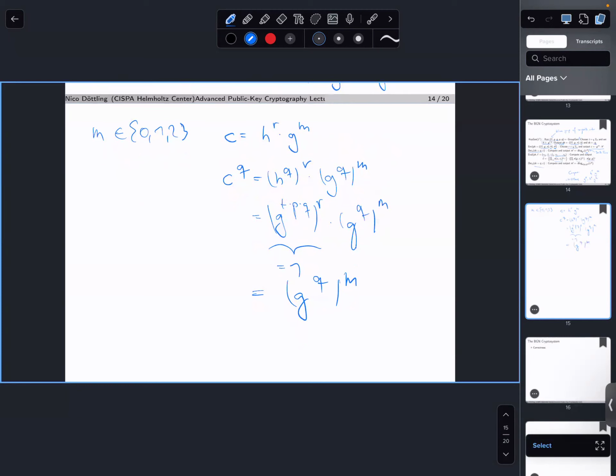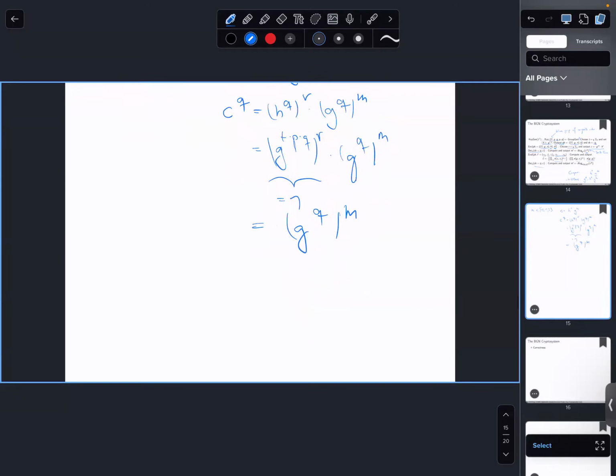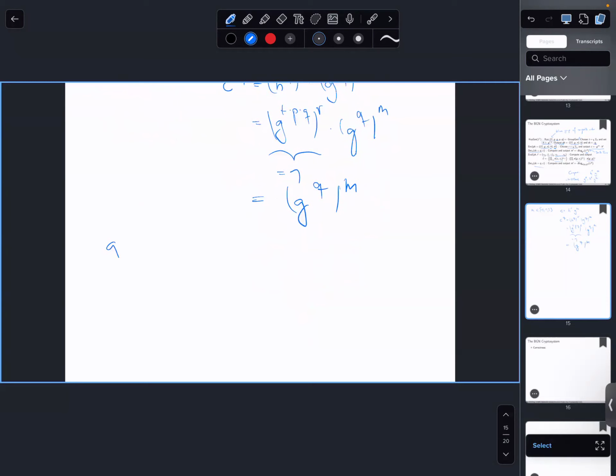And again, I said earlier, here we're just looking at the semi-honest setting. We assume the encryptor was honest. So m is either 0 or 1 or 2, right? So this is now either g to the Q to the 0, which is 1, or g to the Q to the 1, which is g^Q, or g^Q squared, which is g to the 2Q.